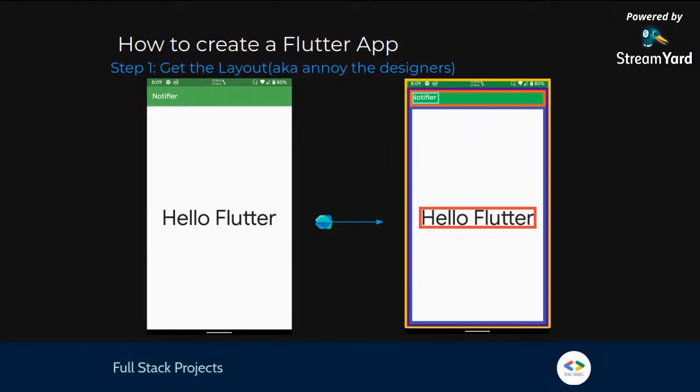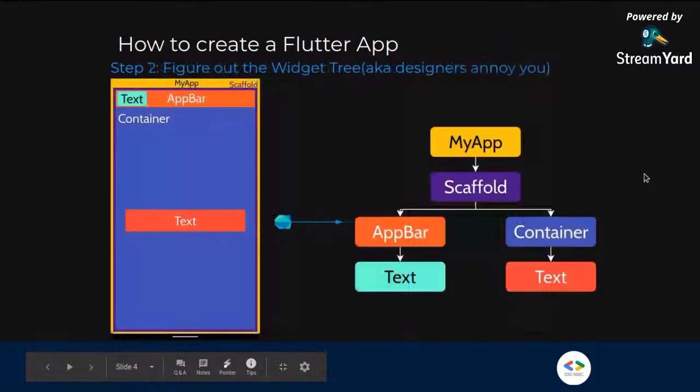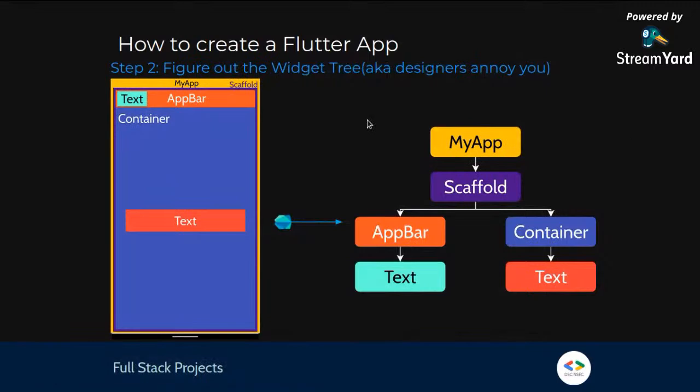So first, you get the layout of the app. Next, you break the layout into boxes, which is something you would do if you wanted to design an HTML web page using CSS. After breaking the layout into boxes, you then map each of the boxes to an appropriate widget.